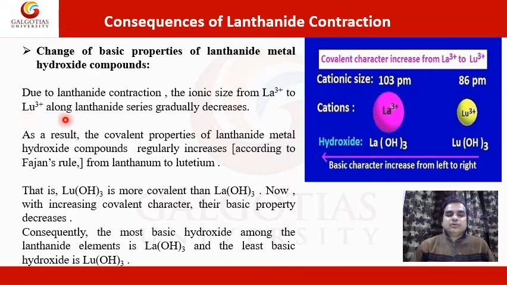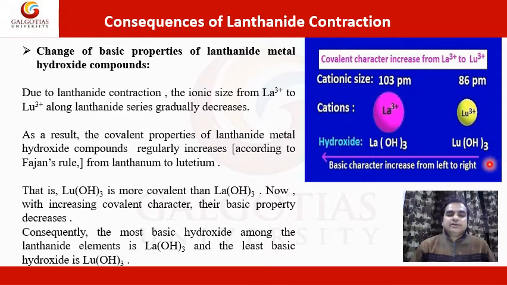Due to the lanthanide contraction, the ionic size from lanthanum to lutetium, as we can see here, is gradually decreasing. The cationic size is 103 picometer for the lanthanum ion, while it is 86 picometer for the lutetium ion.